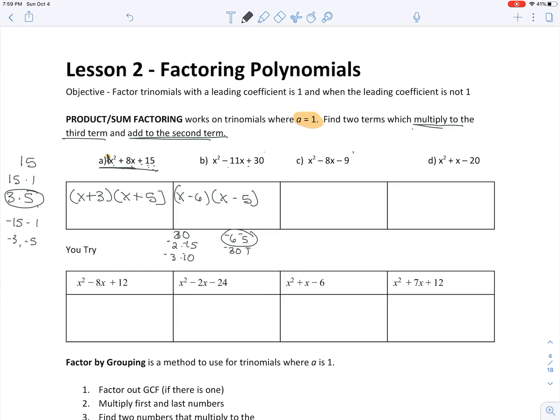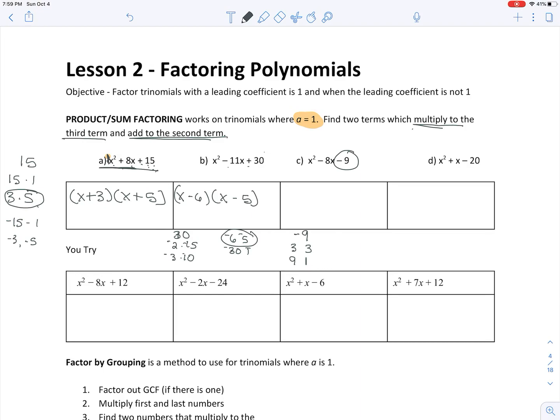Now notice that this one is negative. So my 9 now is negative. That means when I'm looking for numbers, one has to be positive, one has to be negative. So what two numbers can I multiply to get 9? Well, there's 3 and 3, and 9 and 1. I think that's it. I want it to be negative in the middle. If I did negative 3 and positive 3, that's going to give me 0 in the middle.